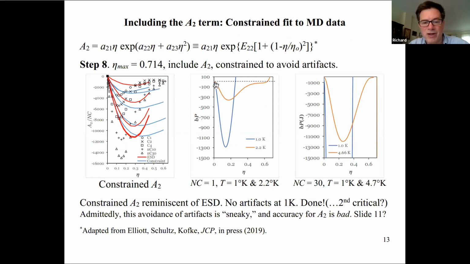It still has its van der Waals loop here at 1 Kelvin. It's doing something weird and going all the way to infinity really quickly. But at least at 2.2 Kelvin, it's not crossing the x-axis. Okay, so we have to sacrifice accuracy with respect to the A2 term if we want to avoid the artifacts at 1 Kelvin.